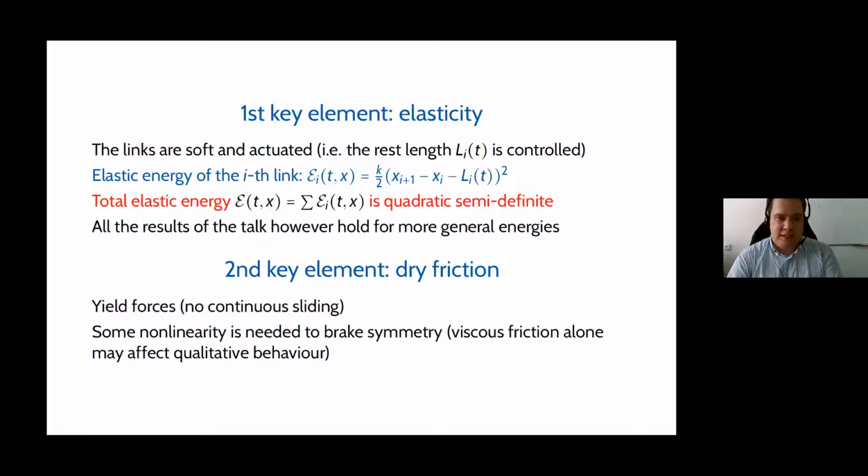One is that viscous friction will produce a continuous sliding, and this is not physically observed. Physically, you always observe some yield force, so you need to reach a threshold force to start moving a block. And the second reason is that dry friction also introduces some non-linearity that is really useful to break symmetry. So viscous friction actually affects the qualitative behavior of the system.